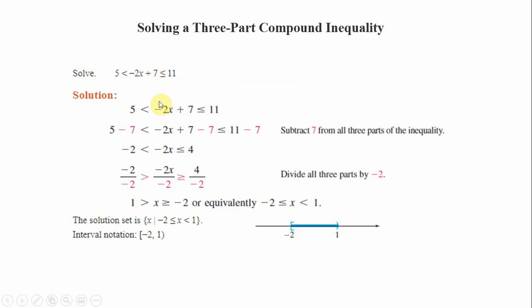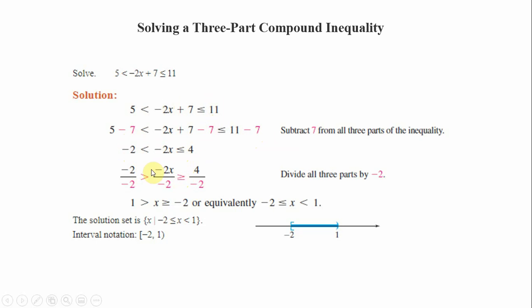So here I'm going to subtract 7, subtract 7, subtract 7 all the way through the 3 pieces. That's going to get rid of that 7, and I'm left with negative 2 less than negative 2x less than or equal to 4, from the 11 minus 7. Now I'm going to divide through by negative 2, and notice I'm going to switch the order of everything.